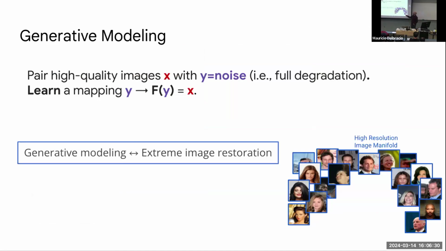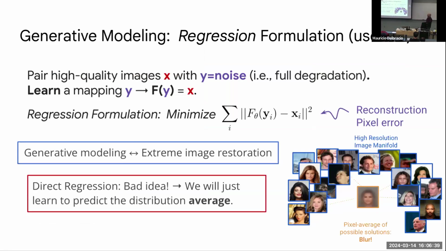Imagine that we have our high quality images X, and we want to learn a mapping that takes us from noise to high quality images. Well, again, if you directly try to minimize the average reconstruction error, this doesn't make sense, right? The only thing that you can learn is the mean of your data set. This is the worst possible generative model, and this is the extreme case of regression to the mean. You're just learning the mean.